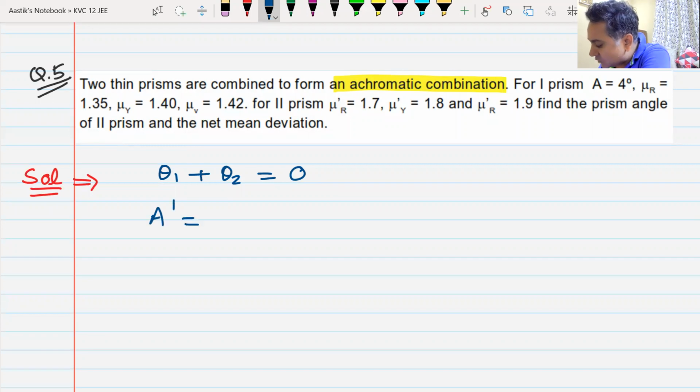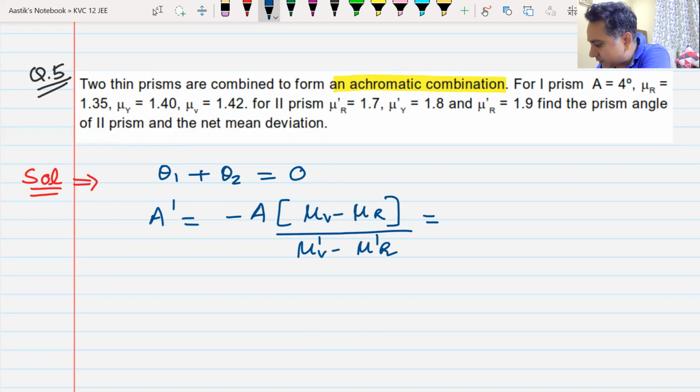The value of a dash will be minus of a into mu v minus mu r divided by mu dash v minus mu dash r. What is the answer that you are getting from here? Minus 1.4. Please remember the significance of this minus sign, which is minus 1.4.